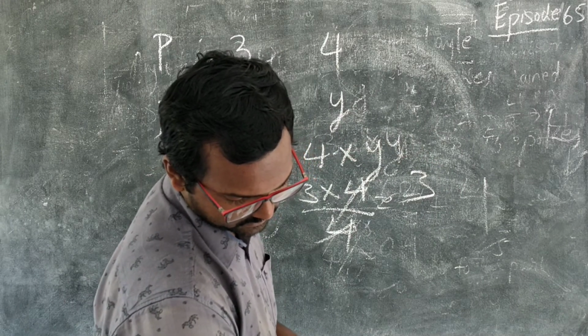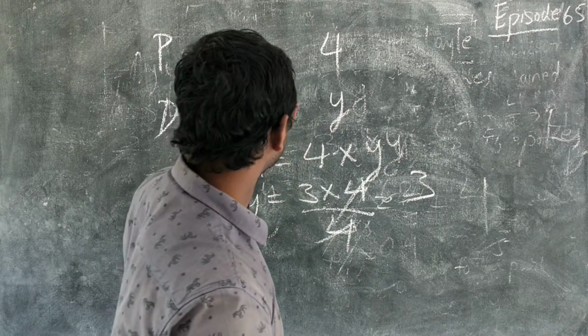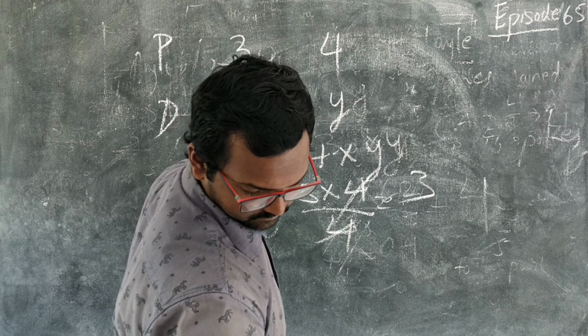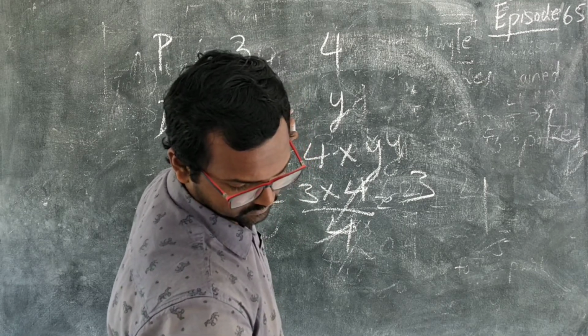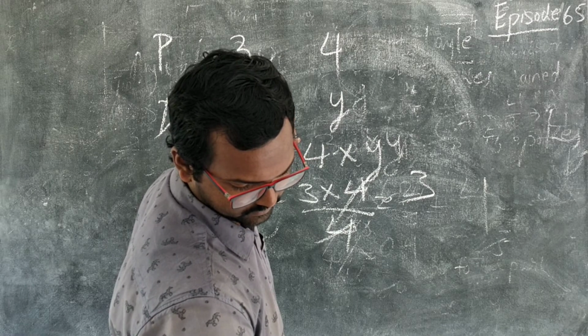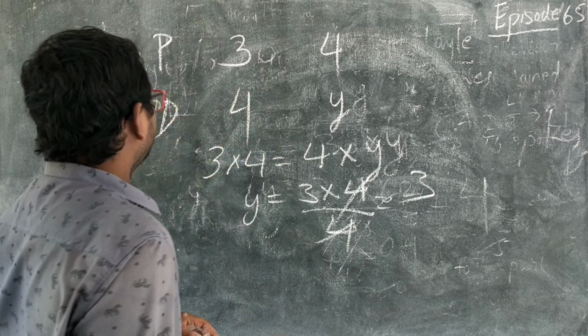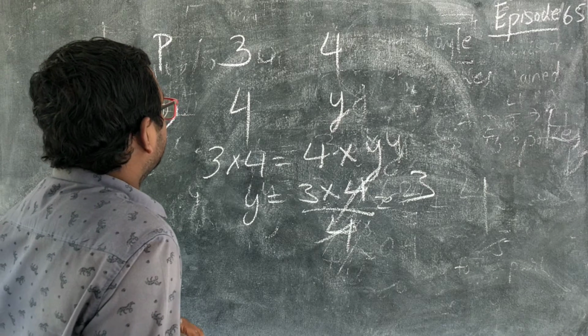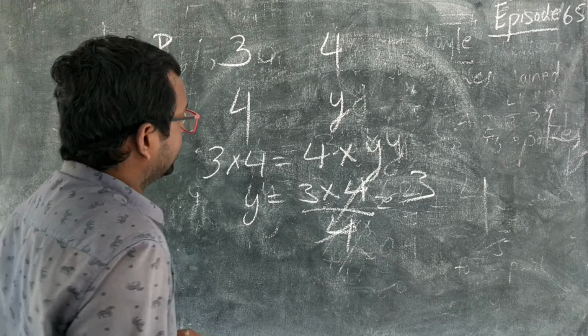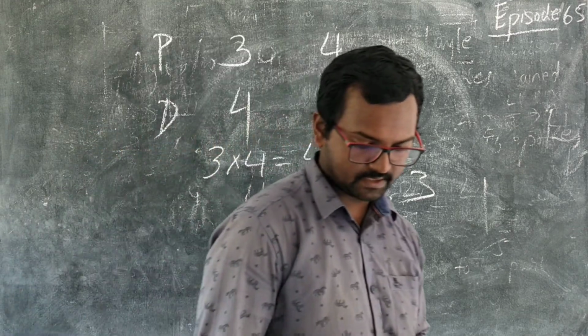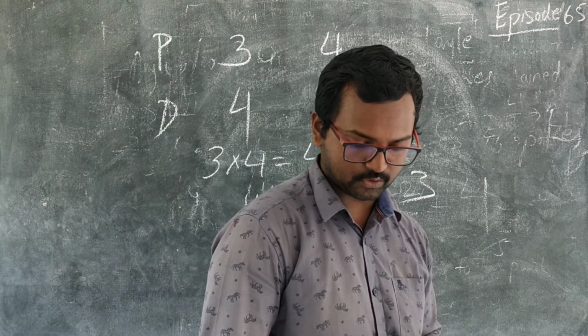If 3 persons could rewire the house in 4 days, and he uses 4 persons instead of 3, how long would they complete the job? 3 into 4 is equal to 4 into y, so y is 3. Yes, it will take 3 days to finish the job.